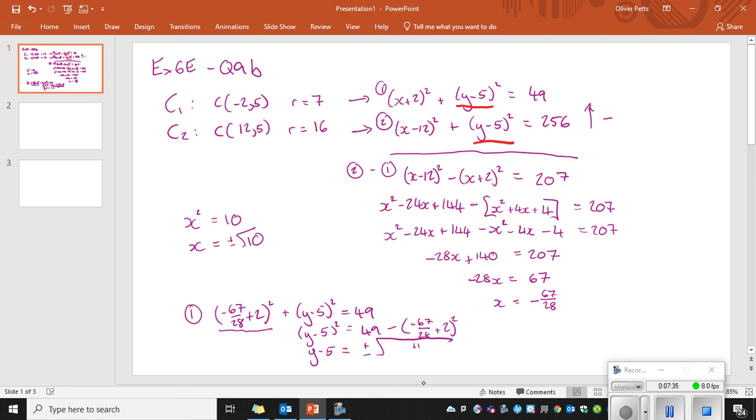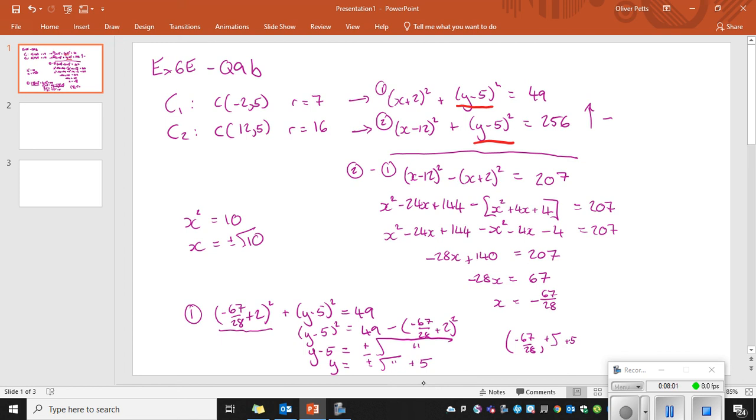So this is where I'm actually going to get two y values even though I've only got one x value. And finally, we just need to add 5 to all of that. So plus or minus the root of everything above and then a plus 5 afterwards. And so our two solutions are going to be minus 67 over 28, or in decimal form. And then we can either put our positive root with the plus 5 afterwards.